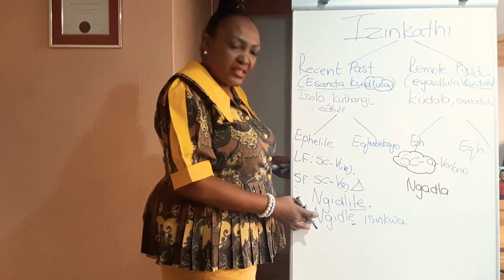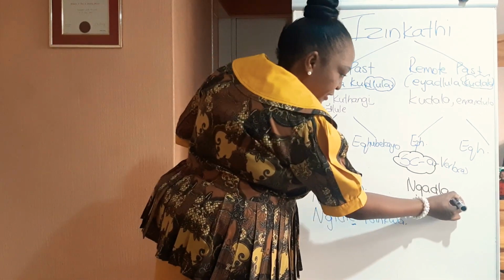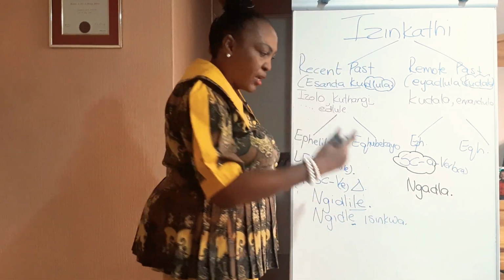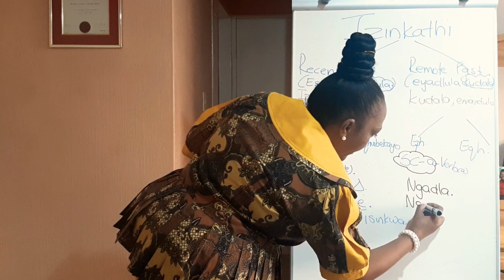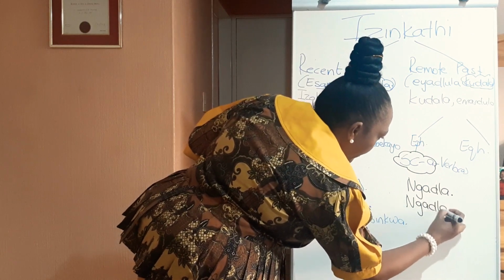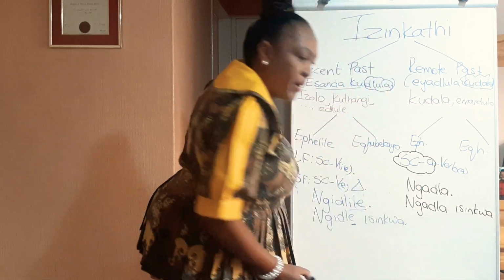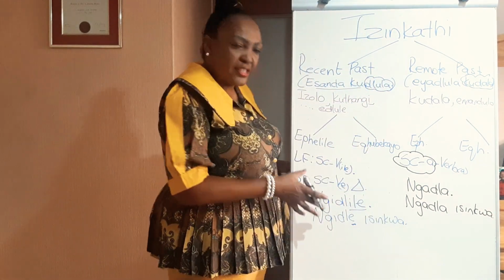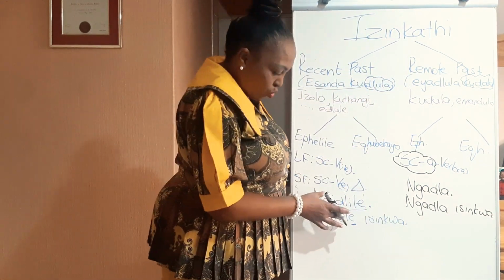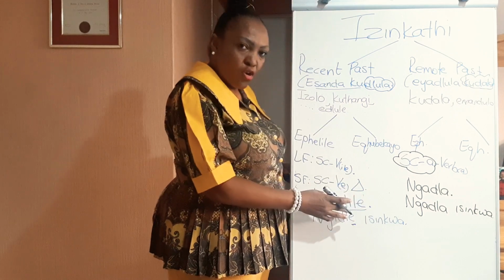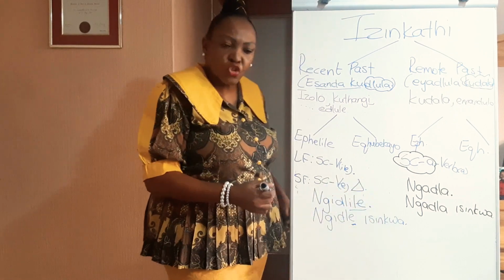And it doesn't really matter whether you say ngadla, it still makes sense, or whether you elaborate on it and say ngadla isinkwa. So it doesn't really matter in remote past. But in recent past, it is important for you to know whether you're saying it in the long form or in the short form.